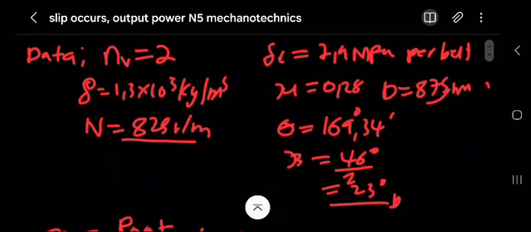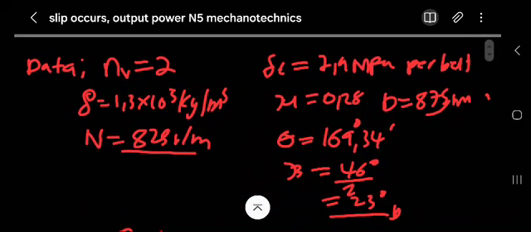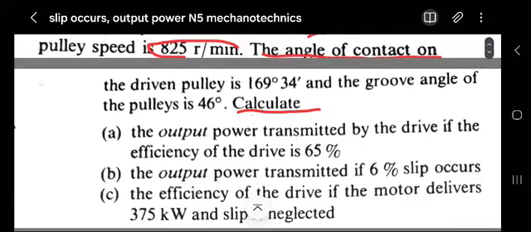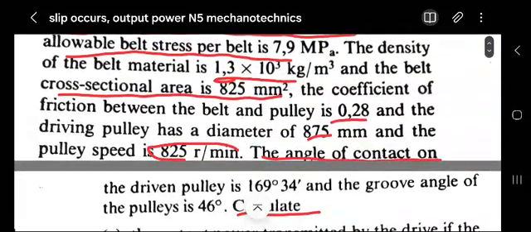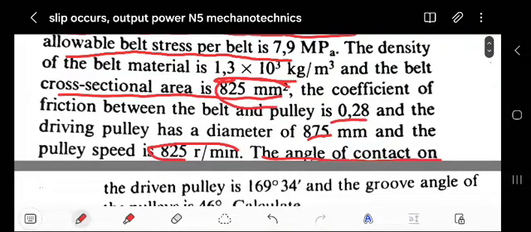Our width, we've been given there. Were we given width? No, there's something that we are not given. What are we given? Something missing here. Cross section area. We are given a cross section area of 825 millimeters squared.